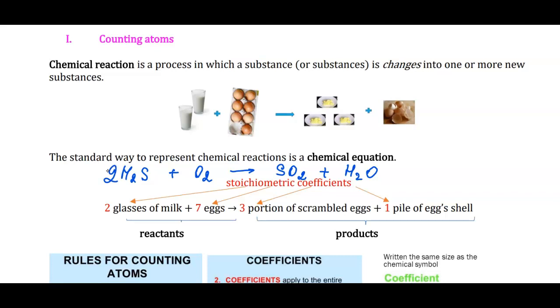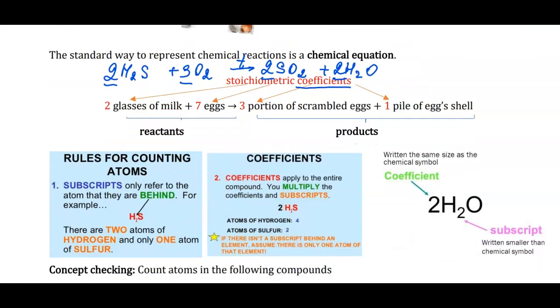So 2 goes here, 2, 2, and 3 goes here, right? And these big numbers, 2, 3, 2, and 2, I'm going to underline them, are coefficients. They apply for the entire compound.